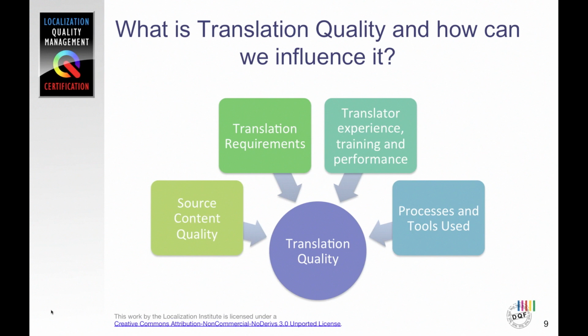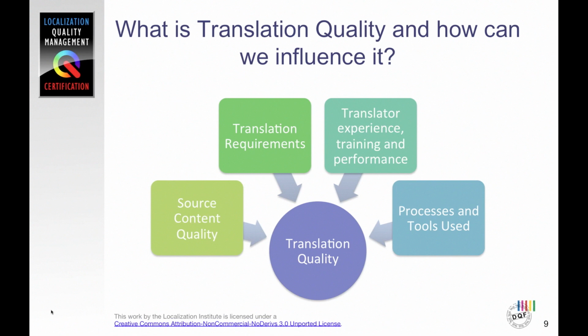Then, of course, the translation requirements itself play a role, like we mentioned before, based on domain, content type, and communication channel. But the most important influencer, of course, on the quality is the translator or the translation engine if you're focusing on machine translation. For the translator, of course, it's the selection of the translators based on, again, the domain, content type, and communication channel.